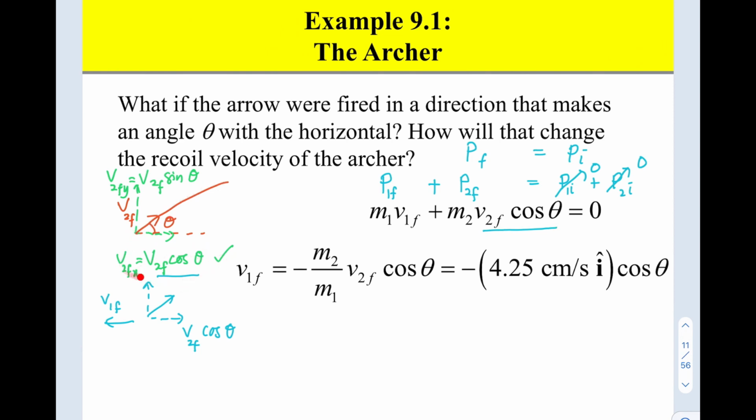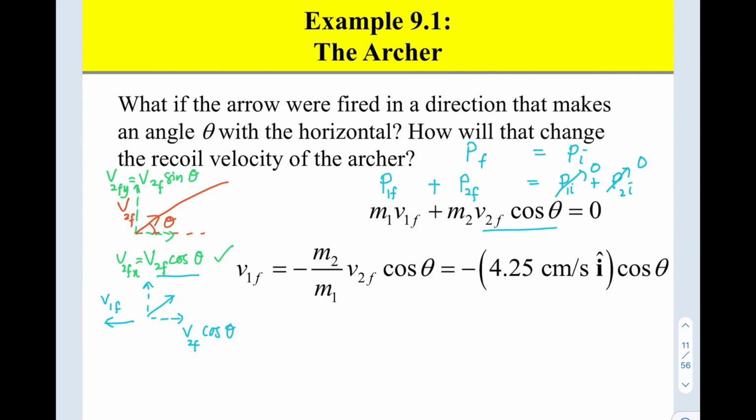So rearrange this equation, making V1 final our interest, because this is the final velocity of our archer. So we are going to have this equation.